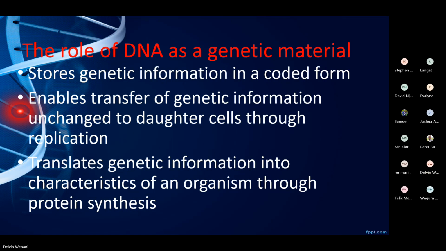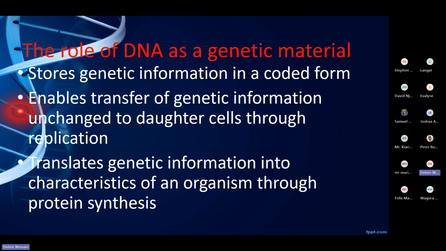Then next, let me talk about the role of the DNA as a genetic material. What is the role of DNA as a genetic material? Number one, it stores genetic information in a coded form. I want to repeat that one, and I'm using the word coded form. That means the information that is stored cannot be interpreted by any other thing.